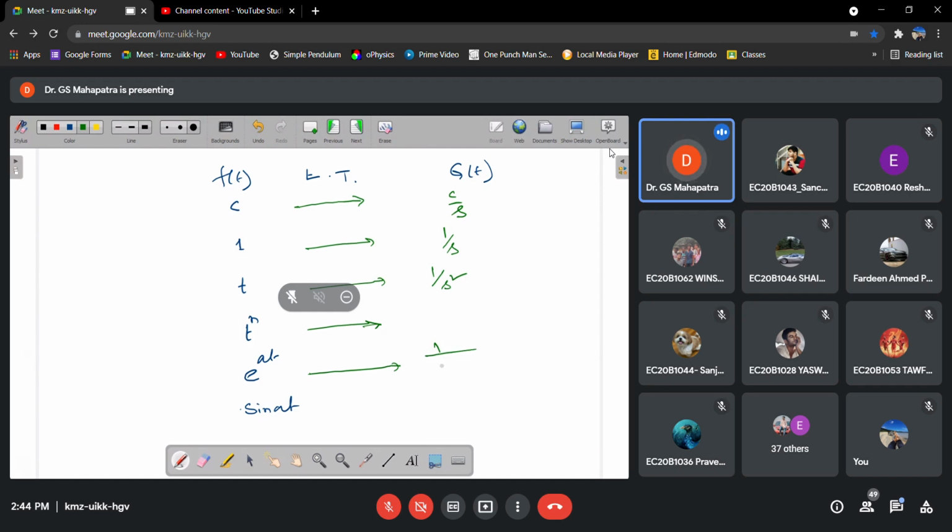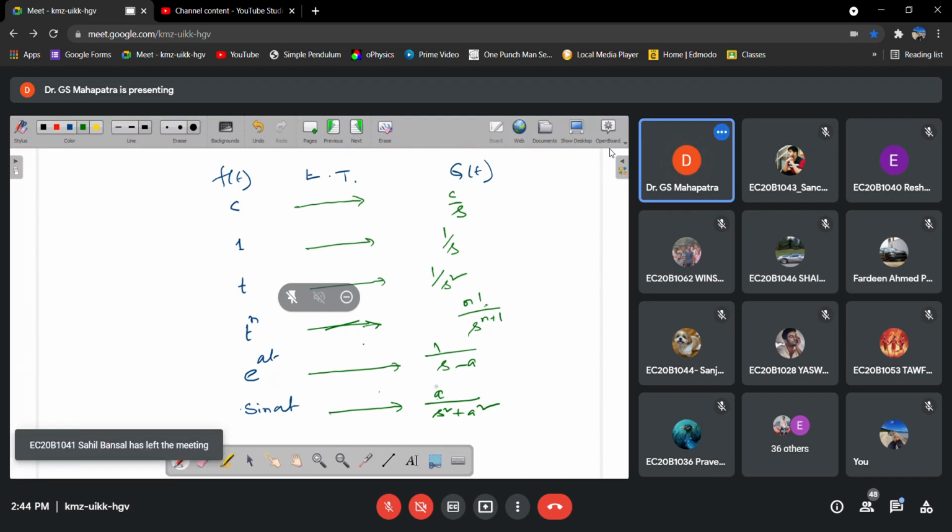For t to the power n, it will be n factorial by s to the power n plus 1. Now sin at is a divided by s square plus a square.